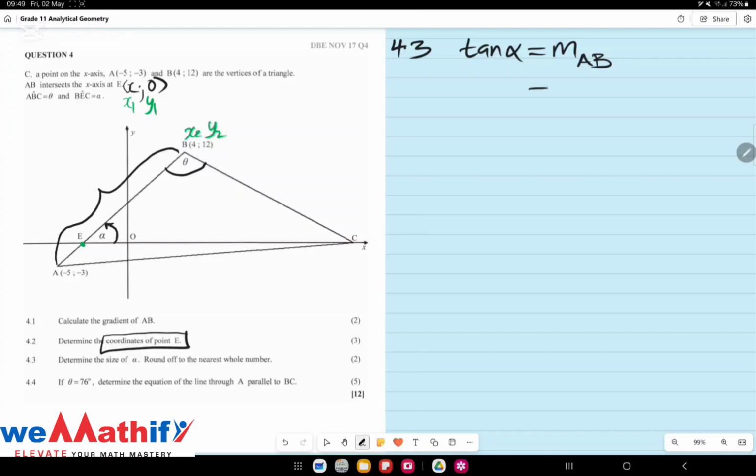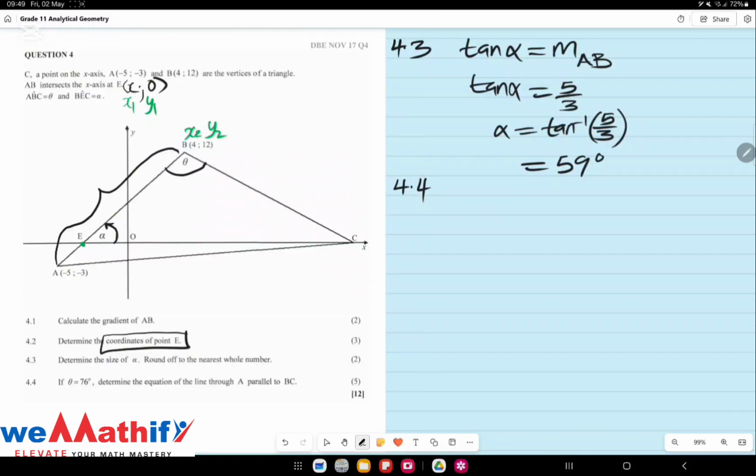Fortunately, we already have that gradient. We obtained 5/3 earlier. Solving for alpha, we have arctan of 5/3, which gives us 59 degrees. The question was clear to say round off to the nearest whole number, so I've already rounded off. Next question.